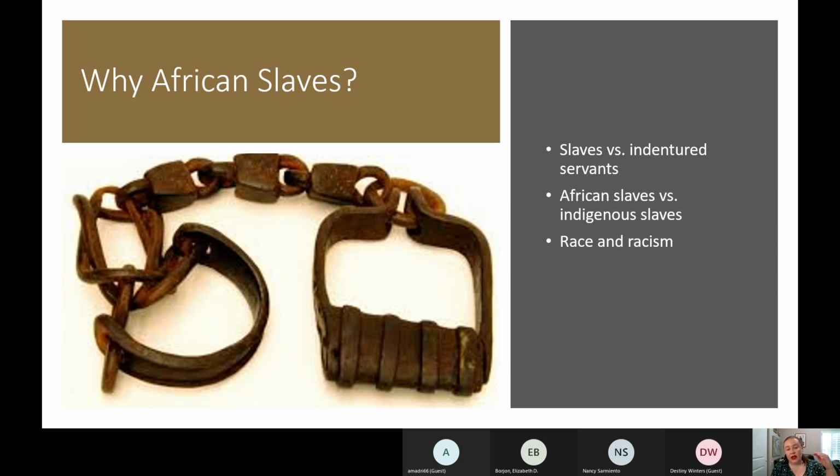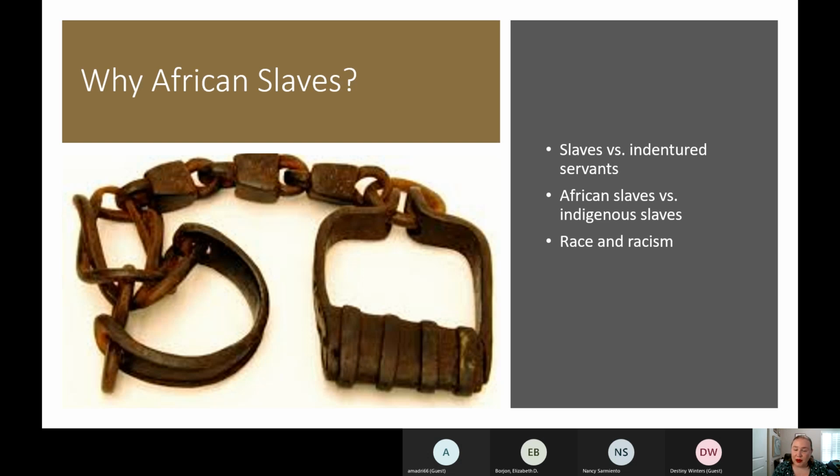So as long as the death toll in the colonies is pretty high, it's going to be more cost effective for colonists to use indentured servants because they're temporary workers. They don't really have to invest very much in them until the end of their contracts. It's going to be once the population numbers start to stabilize that it becomes maybe more cost effective to turn to slaves rather than indentured servants.